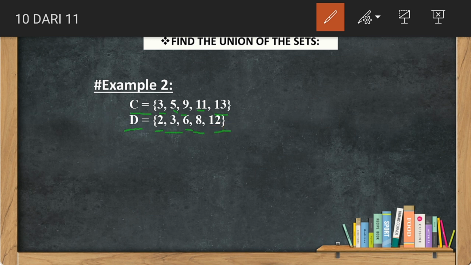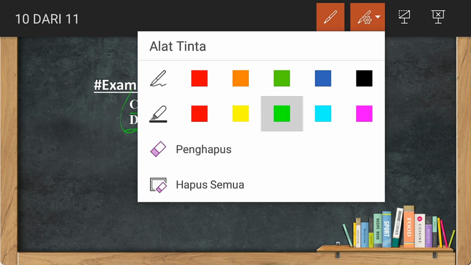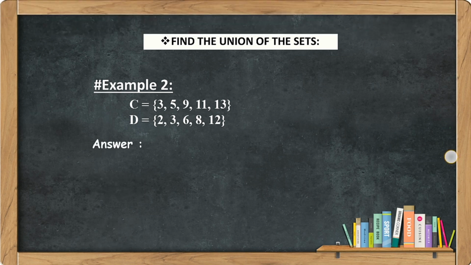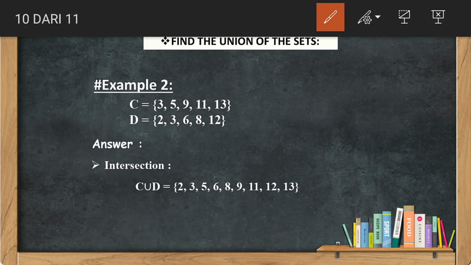Let's find the union between sets C and D. All we have to do is write all the numbers in sets C and D. Let's put them in ascending order.